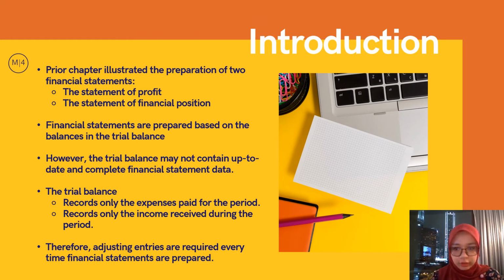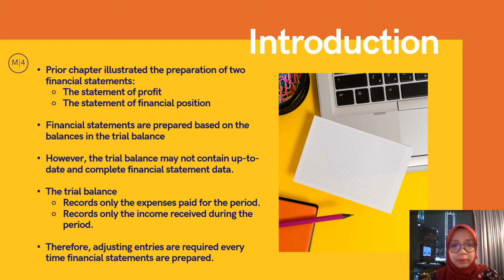As mentioned in the prior chapter, we have illustrated the preparation of two financial statements, the statement of profit or loss and also the statement of financial position. The financial statements are prepared based on the balances in the trial balance.